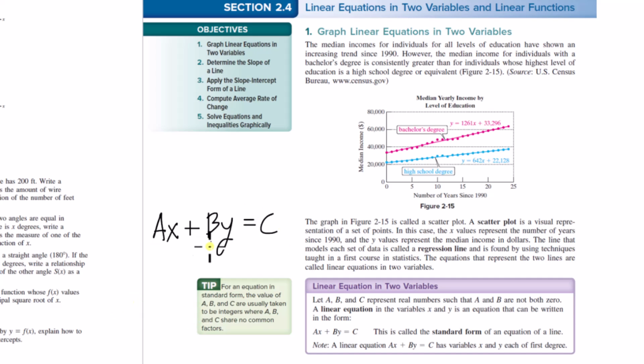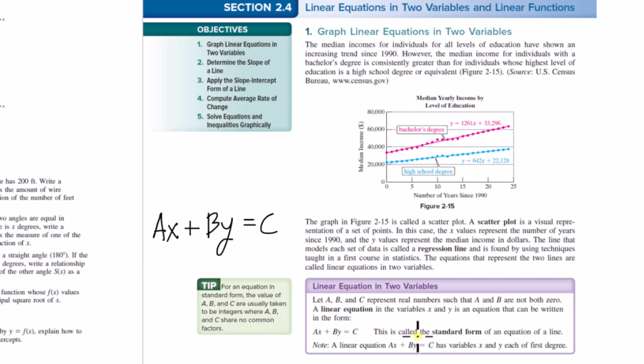And as long as a and b aren't both 0 at the same time, otherwise you don't have an equation in any number of variables, then this covers all of the possible cases of having a linear equation in two variables. And we can extend this to any number of variables. This would be the general form for a linear equation in 4 variables, right?